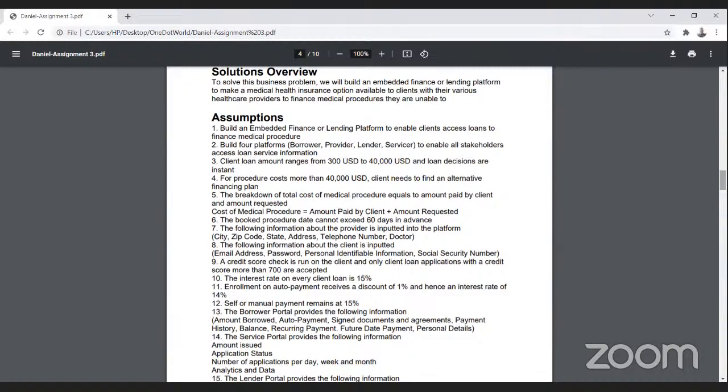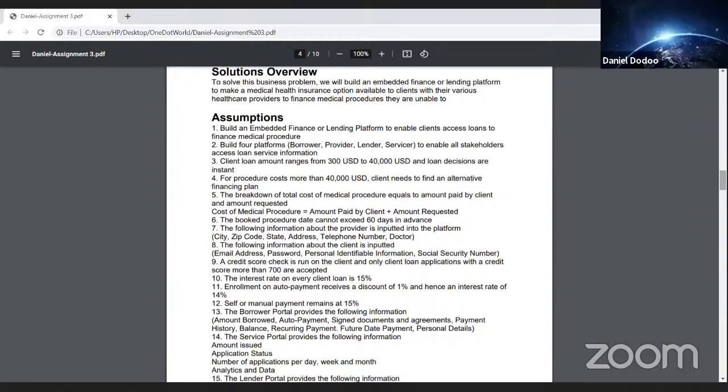Okay. And my second question: is it a web application or a website? A web application. Okay. And on the same page 4, can you scroll? Oh, okay, we're already at number 12 of page 4.